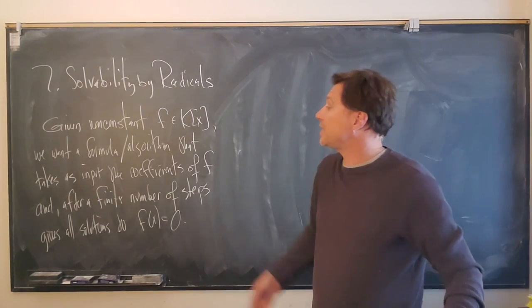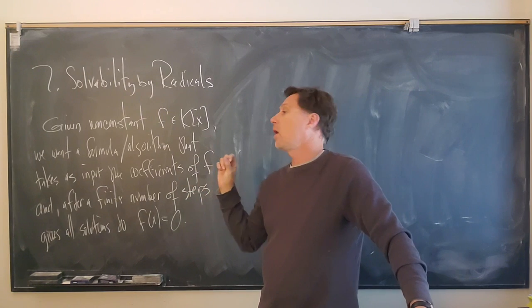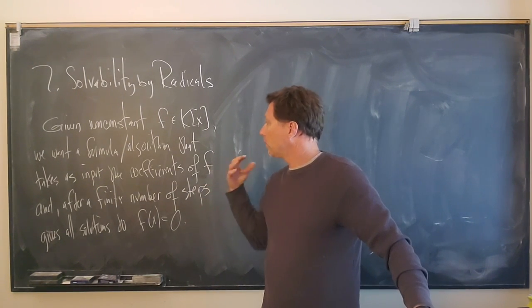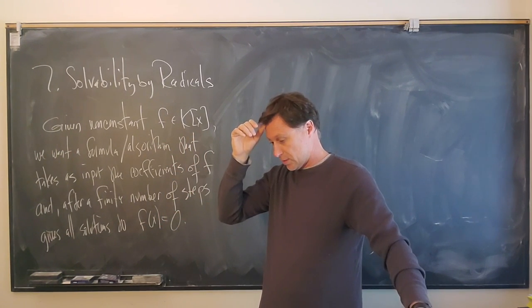Okay, so there's the idea. This is what we would like. This is what they've been searching for, going back into antiquity. They understood what polynomials were, and they wanted to find the roots of the polynomials for various reasons.